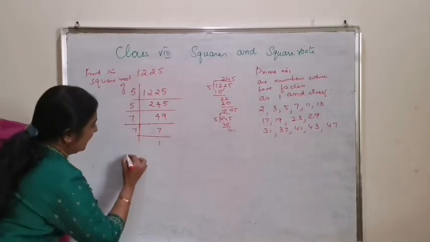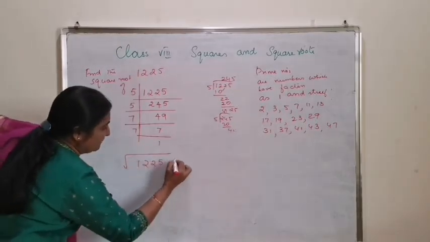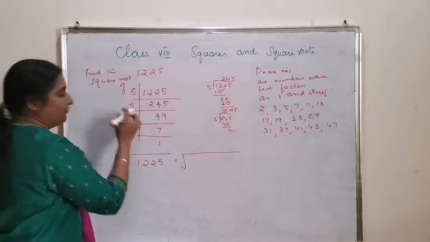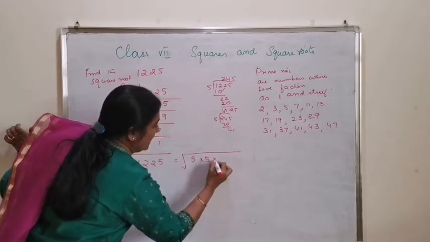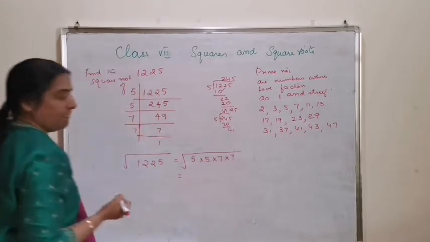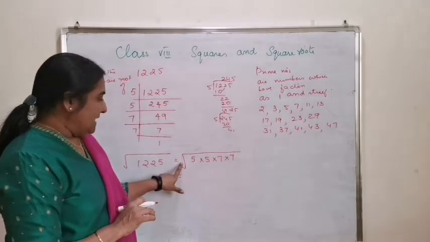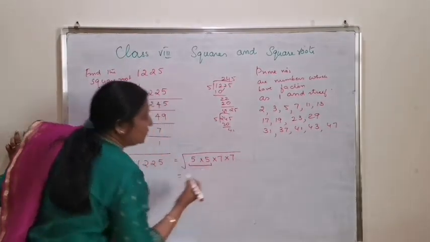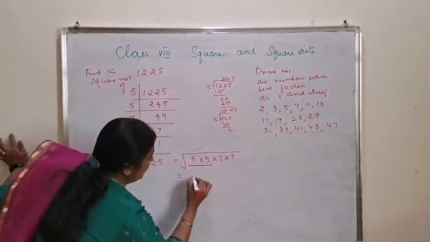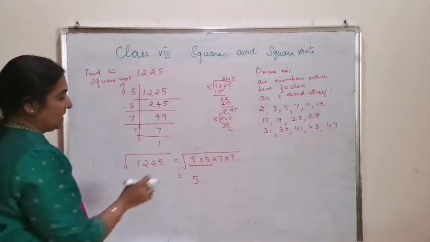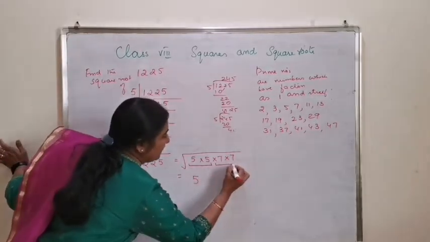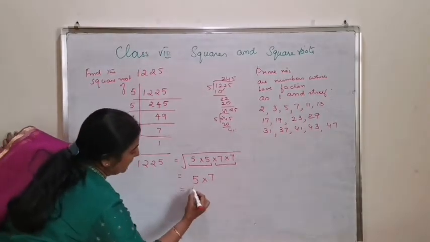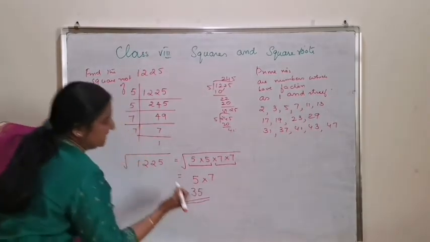Thus, square root of 1225 can be written as square root of 5 into 5 into 7 into 7. We know that the index is 2. That means for every 2 factors, the square root will come as 5 into 7, or square root of 1225 is 35.